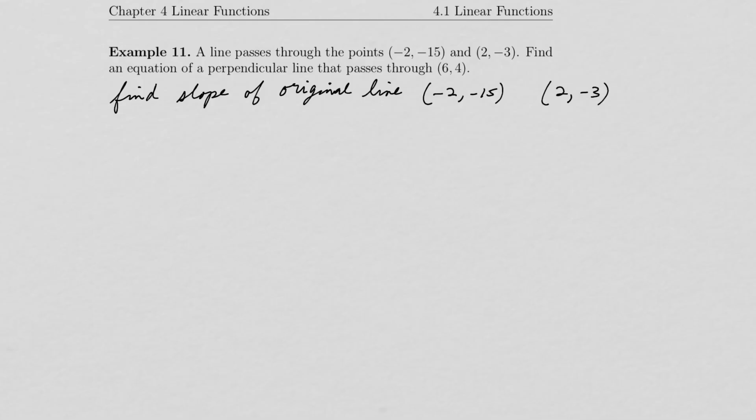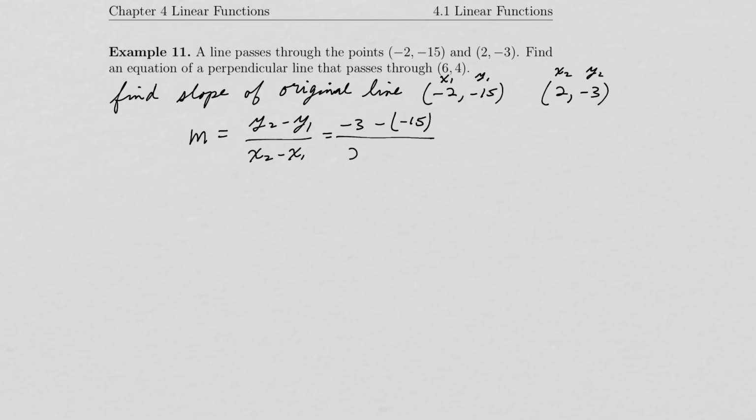I can label them x1, y1, x2, y2. So the slope of the original line is going to be y2 minus y1 over x2 minus x1. So this will be -3 minus -15 over 2 minus -2.